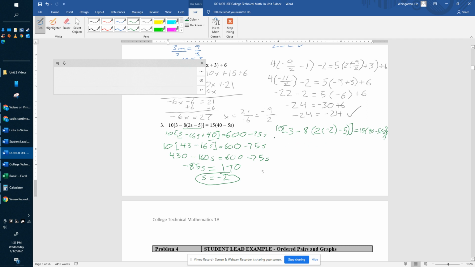Perform what's inside the parentheses first. 10 bracket 3 minus 8 times 2 times negative 2 is negative 4, minus 5, equals 15 times 40 minus 5 times negative 2. That's going to be a positive 10.